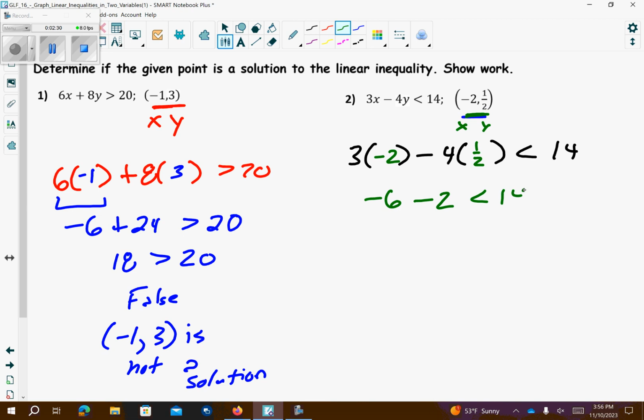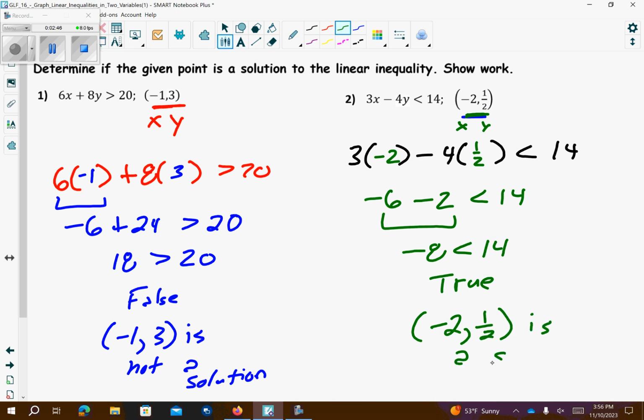Combine those together, that's going to give me -8. Is -8 less than 14? This is true. So the point (-2, 1/2) is a solution.